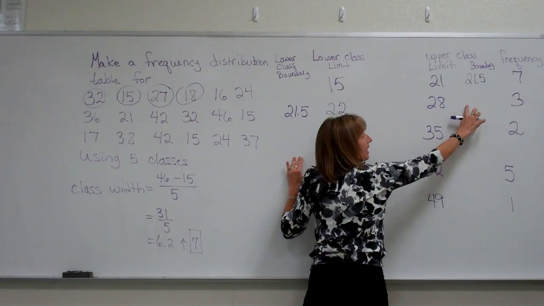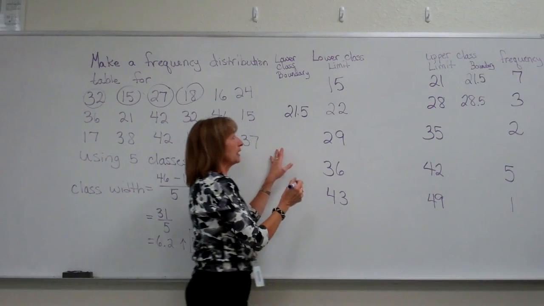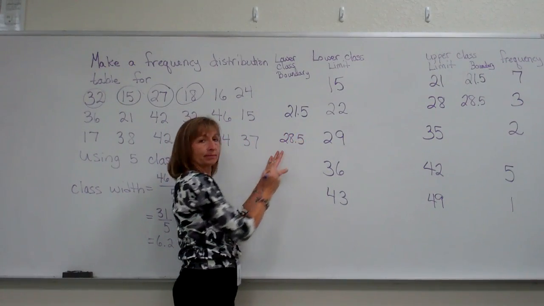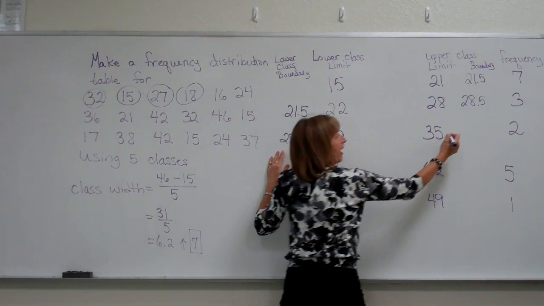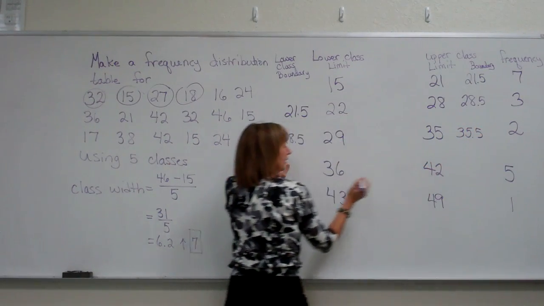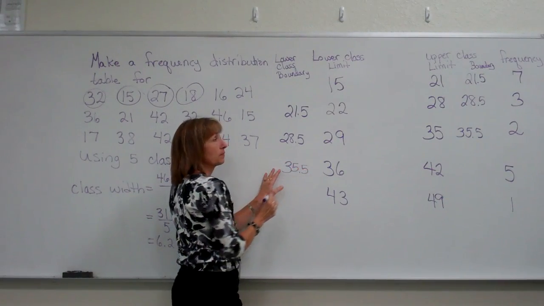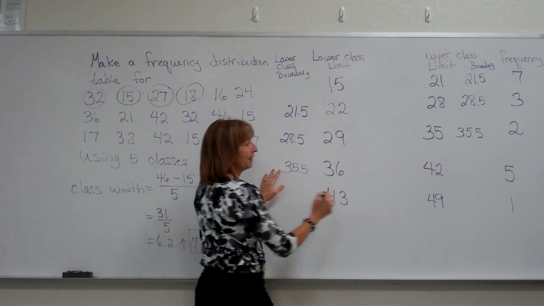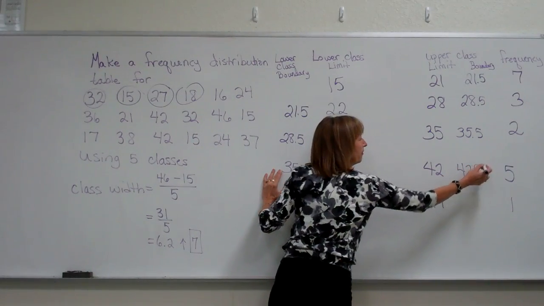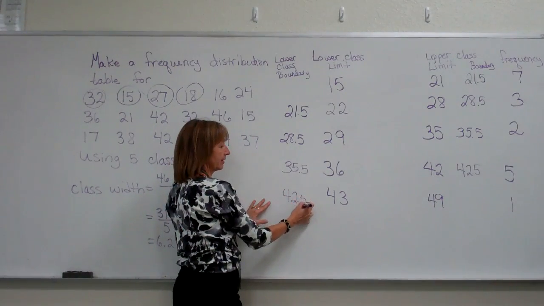For the second class, it'll go up to 28.5, and 28.5 is the lower class boundary of the third class. 35.5 is the upper class boundary of the third class, and that would give us 35.5 as the lower class boundary of the fourth class. Then for the fourth class's upper class boundary, we'll have 42.5, and that's the lower class boundary of the fifth class.